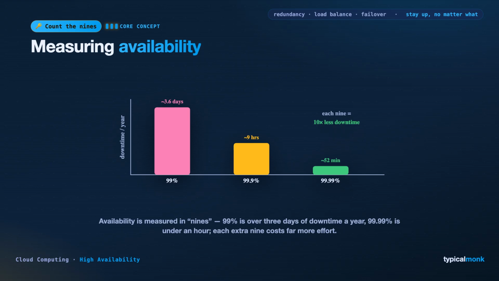So the takeaway: availability is measured in nines, and each extra 9 cuts allowed downtime roughly tenfold. 99% is about 3.5 days a year, 99.99% is under an hour, while each 9 is far harder and costlier to reach. So the target, often fixed in an SLA, is a real trade-off between tolerable downtime and investment.